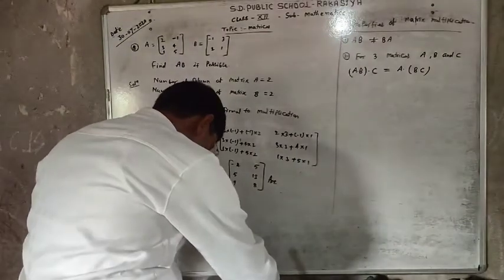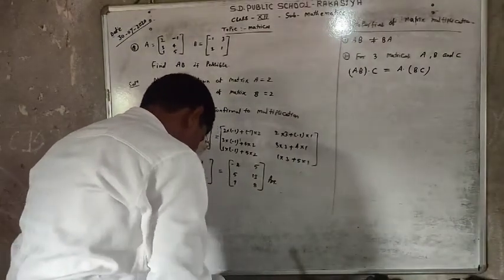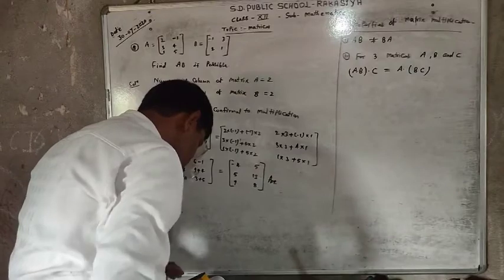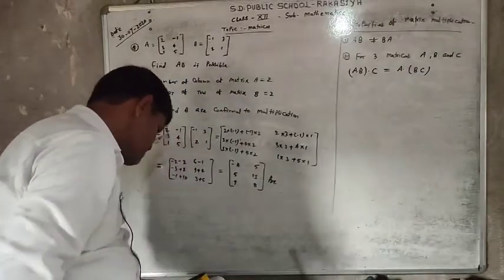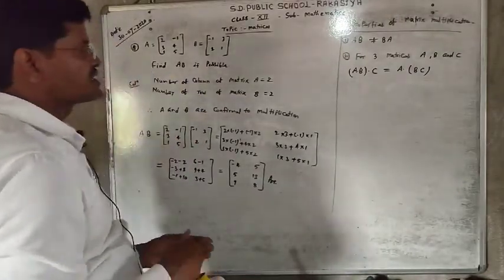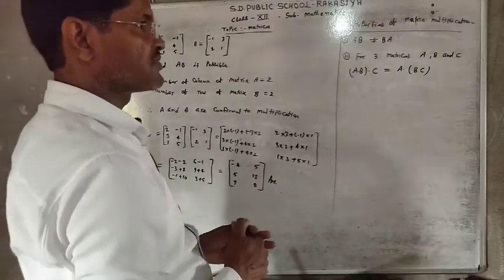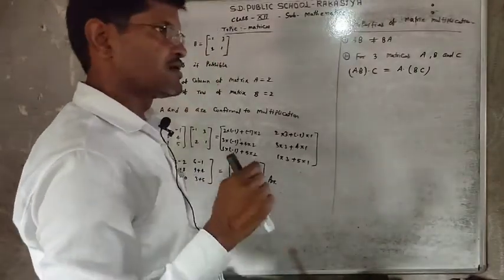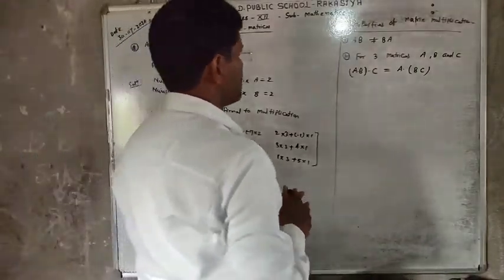Now, distributive property. Matrix multiplication is distributive over addition of matrices.